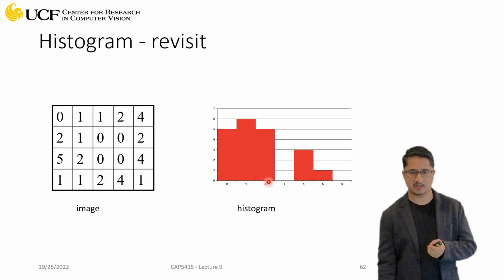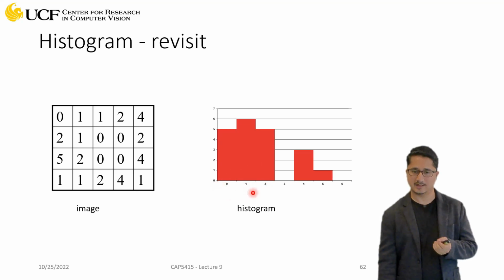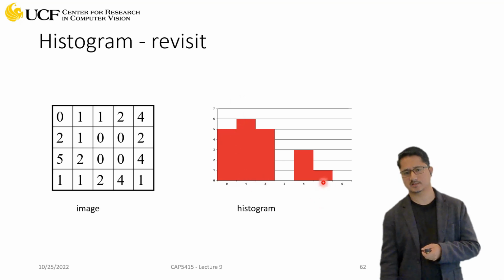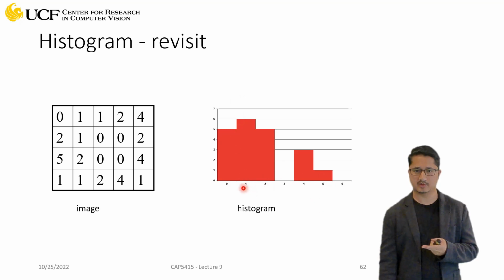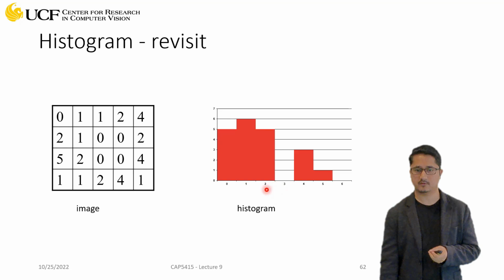So you can say, I will only have 1 bin for 0 and 1. Then whenever you see a value which is either 0 or 1, you will just count it into that particular bin. Let's say you have only 3 different bins: 1 bin for 0 and 1, second bin for 2 and 3, third bin for 4 and 5.